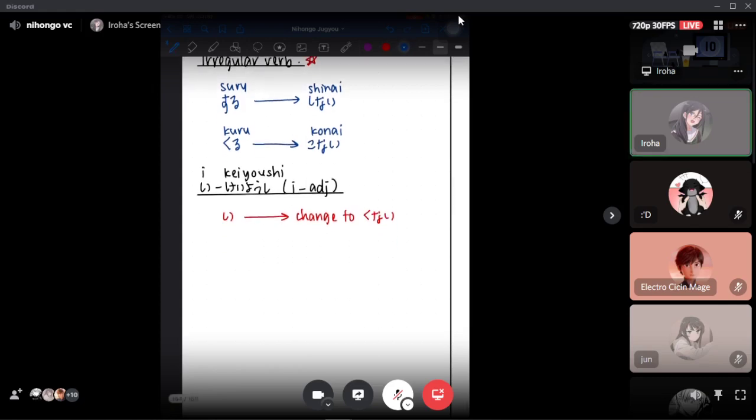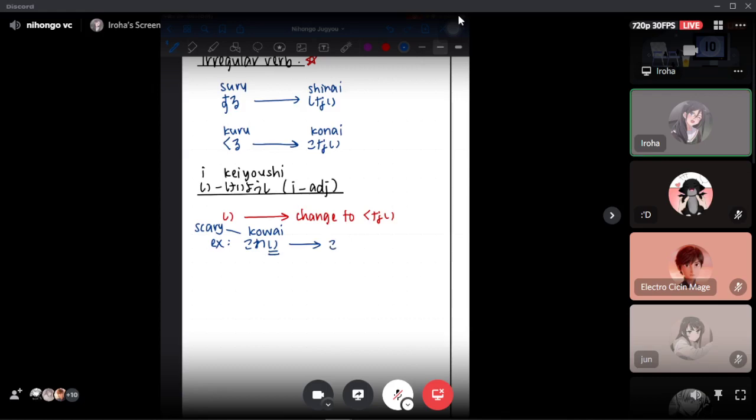For example, like Kanemi gave, the first one is kowai. Kowai means scary or scared. If you change it to the negative present tense, the i at the end you change to kunai.